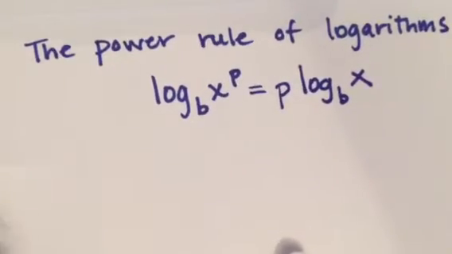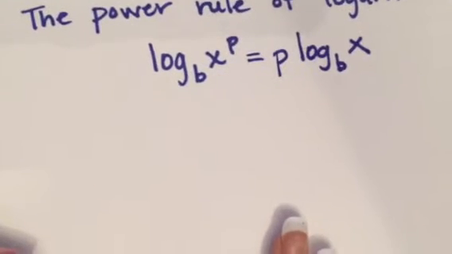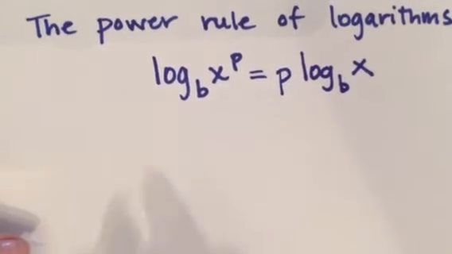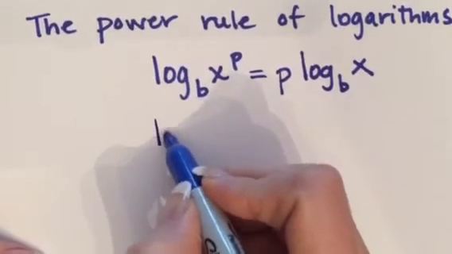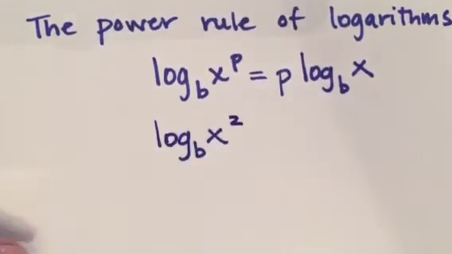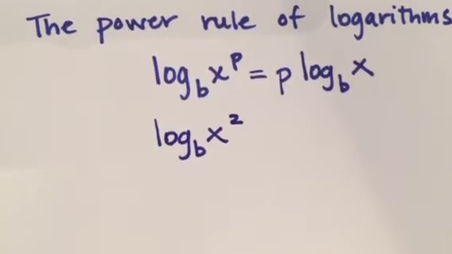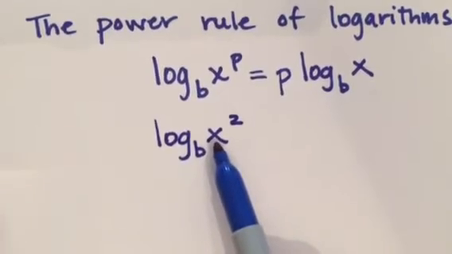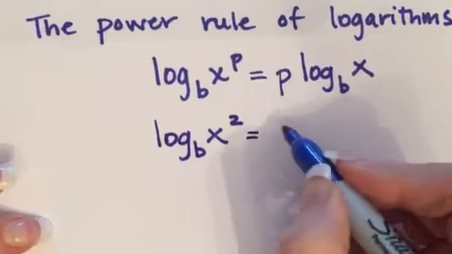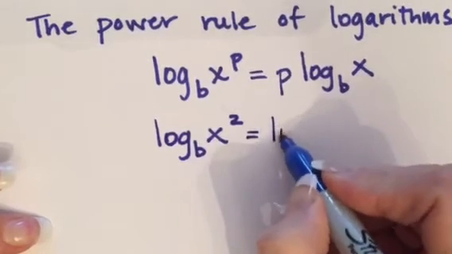All right, so let's look at something fairly easy, and not a huge power, but maybe a power like 2. Okay, so let's look at log base b of x squared. Well, consider that we could rewrite that x squared as x times x. So if I were to do that, it would look like this.